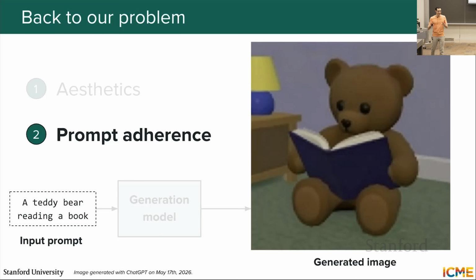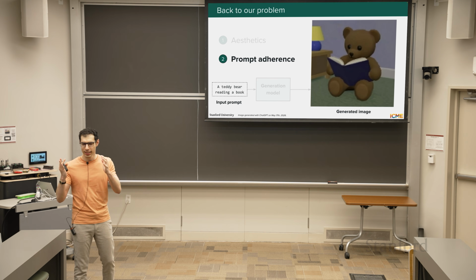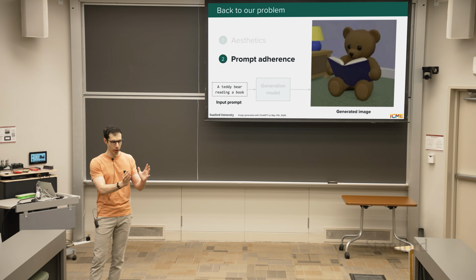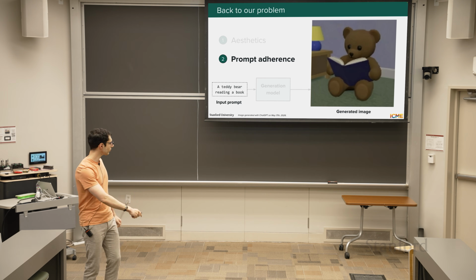Cool. So this is the aesthetics. FID is the metric that most people use, for better or worse, to quantify how good of a quality your generated images are. And second, as previously mentioned, we're going to look at prompt adherence. How can we quantify that the output image that we're getting is aligned with the input?